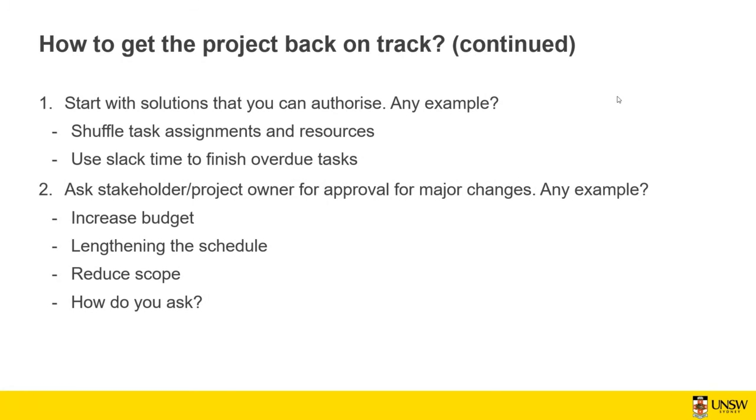PV and BAC are not the same. So BAC is the planned value at the end of the project completion. Okay, it's a cumulative planned value at the end of the project completion. So planned value, there are two ways that you can show the planned value. Planned value as a cumulative planned value as you start the project until you finish the project. If you do that, then cumulative planned value at the end of the project is going to be the same as the budget at completion.